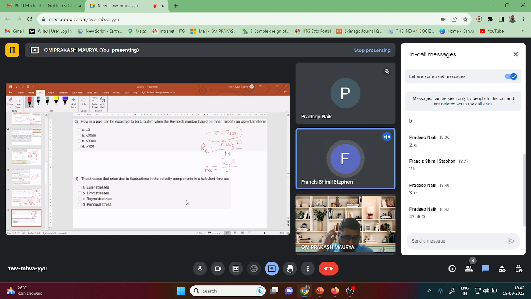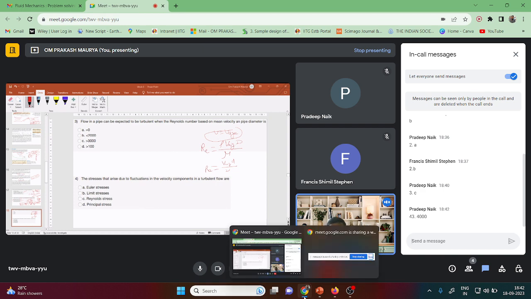During calculation, if the velocity at the end region is given, do we need to find the mean velocity, or do we take the entry velocity? No, no, it was given in your question.